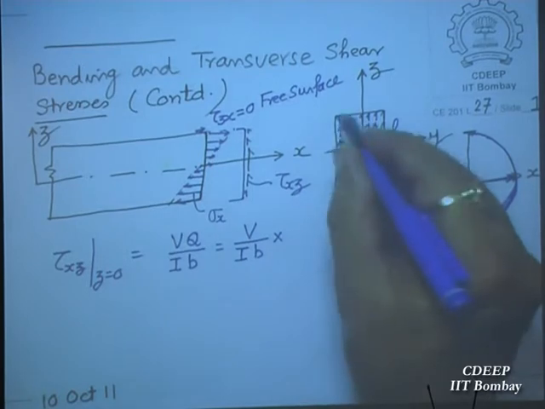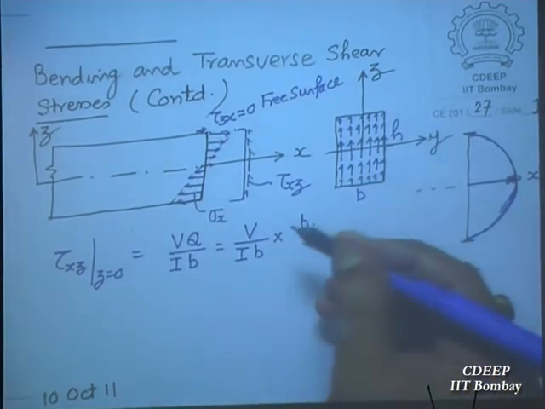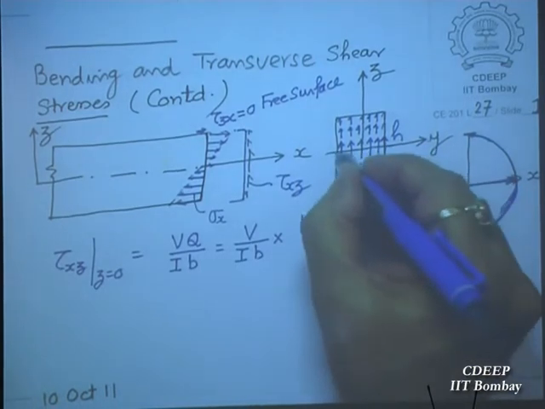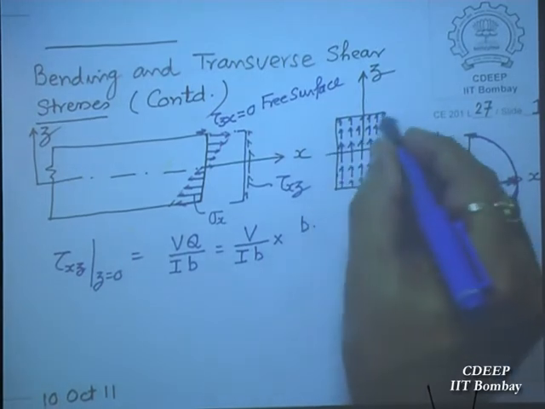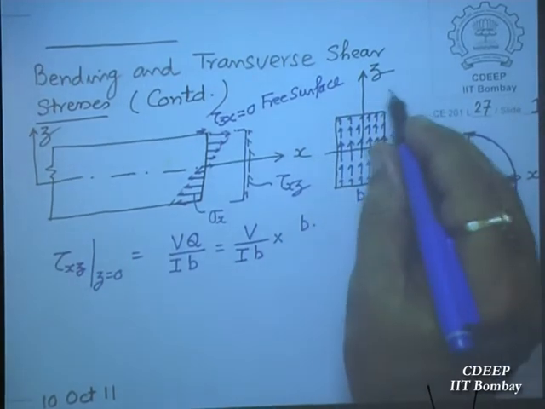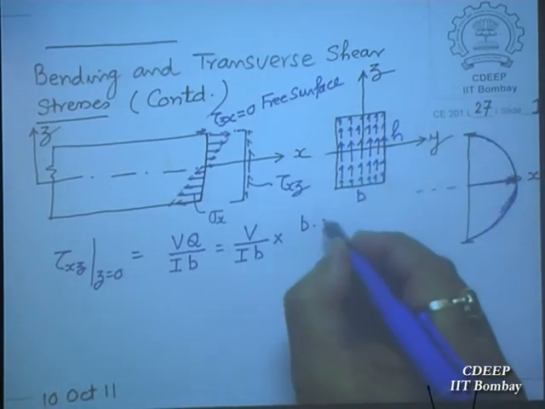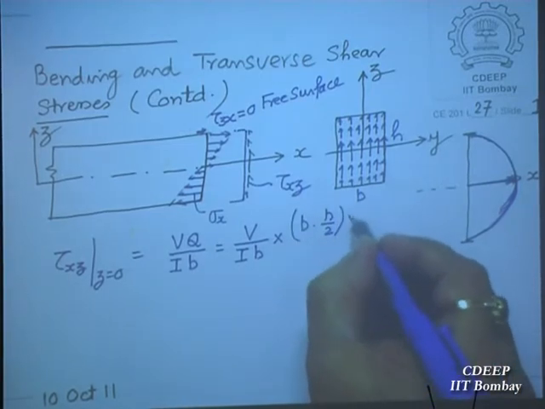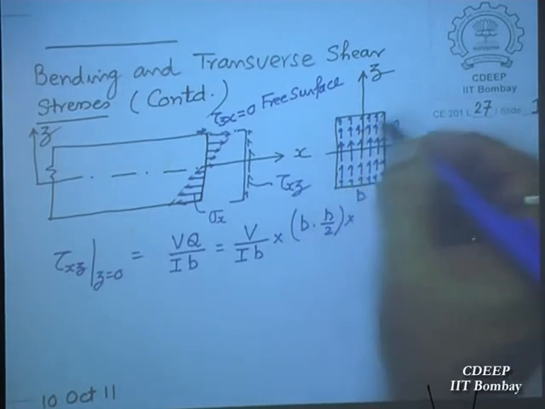So this area is B into, see, understand, directly you can find out the value of this shear stress which is acting at the neutral axis by taking the first moment of the area of half of this, because that is lying above that line. So first moment means area, B into H by 2, multiplied by the distance up to the centroid, H by 4.